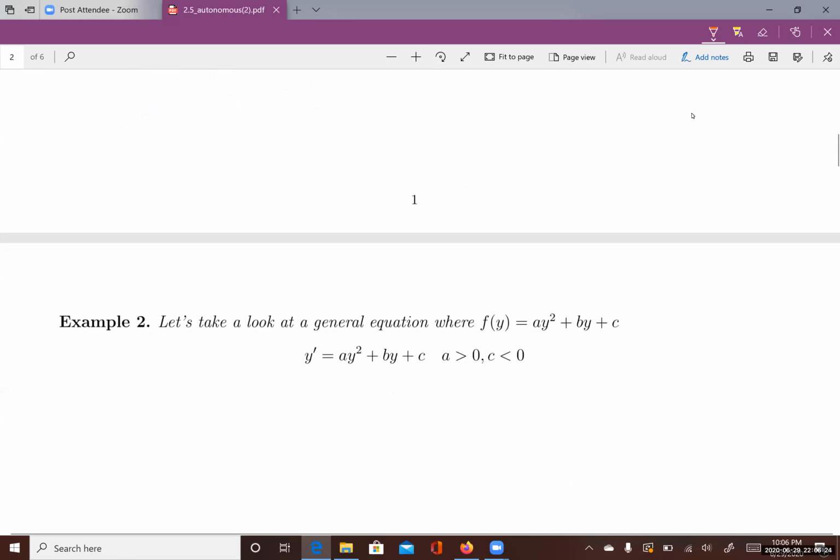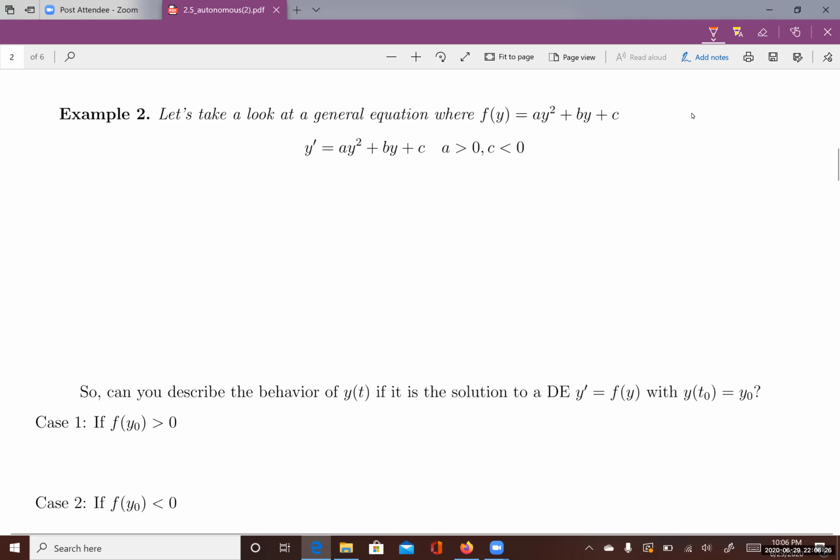Next, let's look at a different generic equation, when f of y equals a times y squared plus by plus c. Again, this is a parabola, the second order of the linear equation. More specifically, a will be positive and c will be negative.